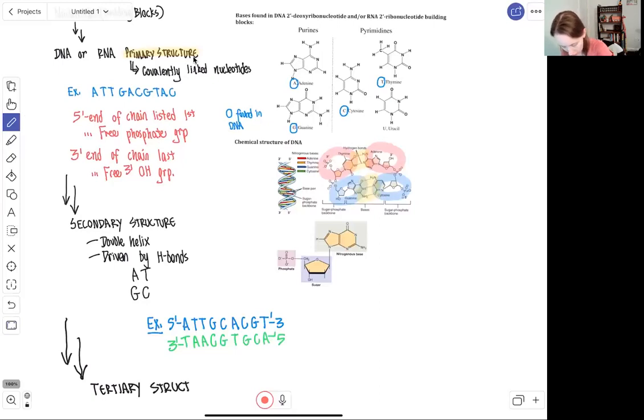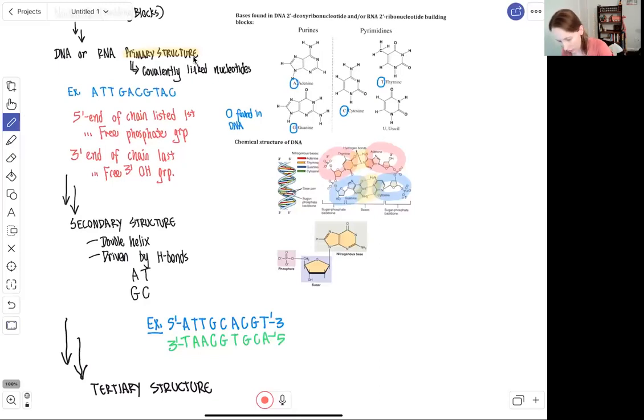The tertiary structure of DNA is formed by further interactions of multiple DNA double helices coiling together. That's one way that DNA is packed compactly within a cell. Sometimes the DNA also engages in interaction with proteins to further tightly pack and coil it within a cell.